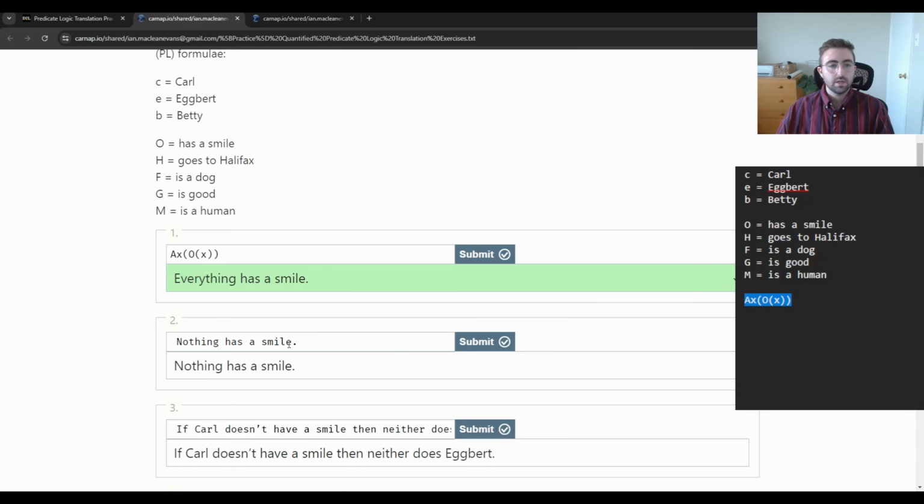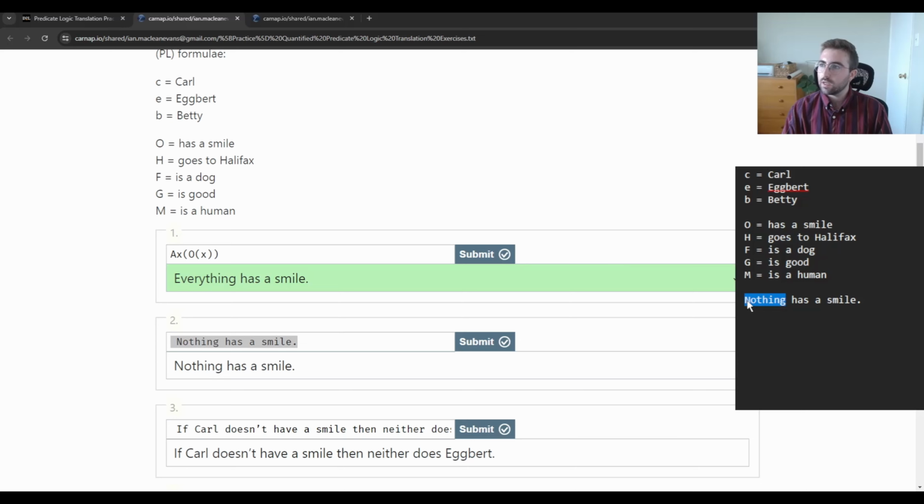Okay. So now we want to say nothing has a smile. Okay, so this one could be a bit trickier, right? So let's copy that into our notes. Maybe you're doing this on pencil and paper. I don't know. Anyway. So luckily we have no real stylistic variance except for maybe this nothing. And what is nothing saying? Well, it is saying it is not the case that anything, not the case that even one thing has a smile, right?